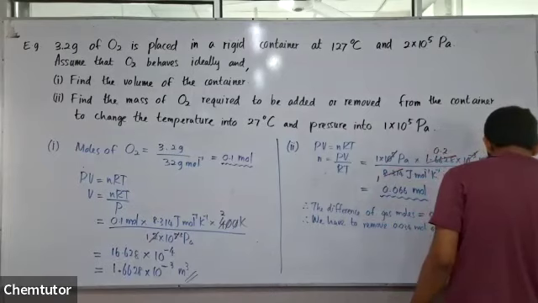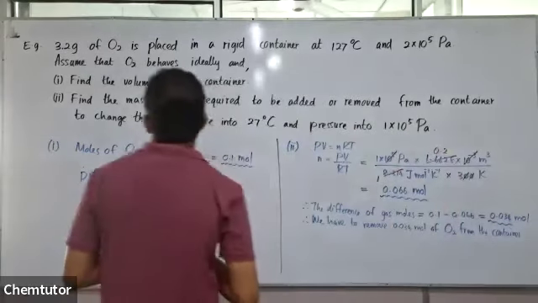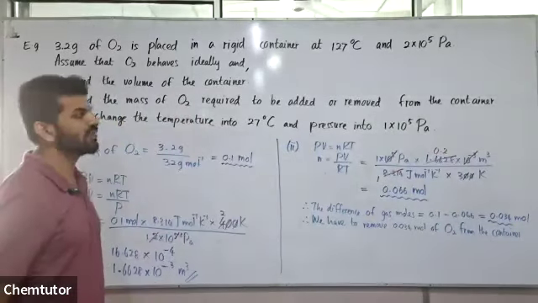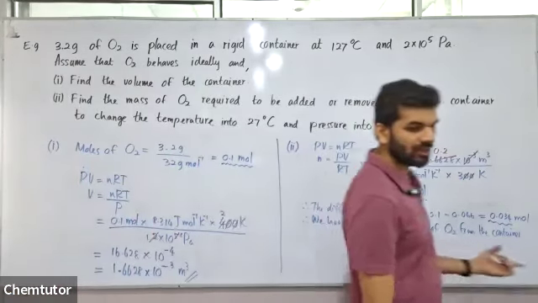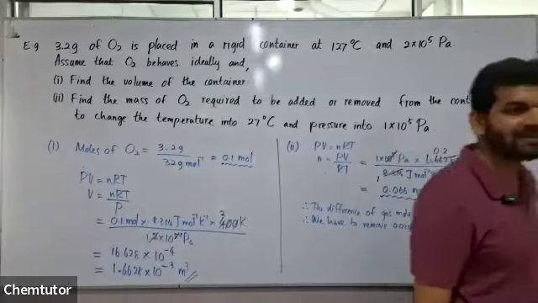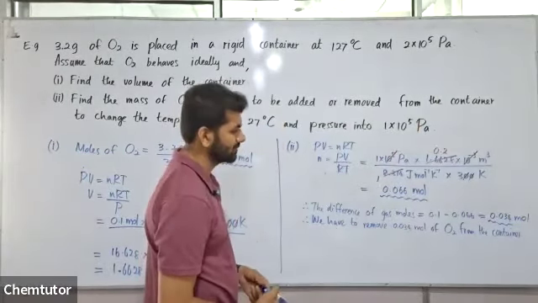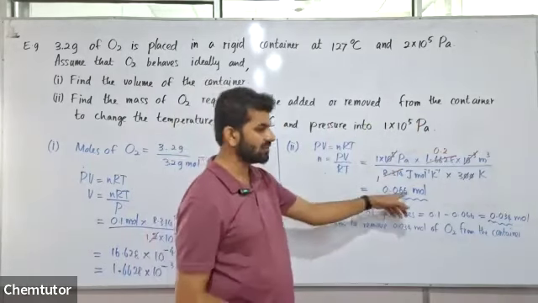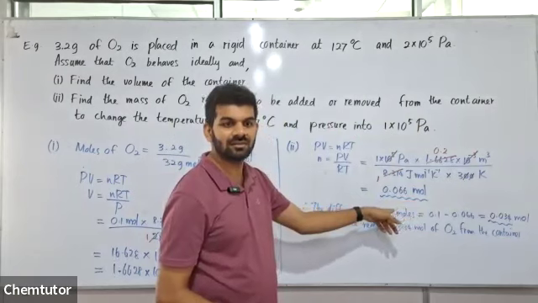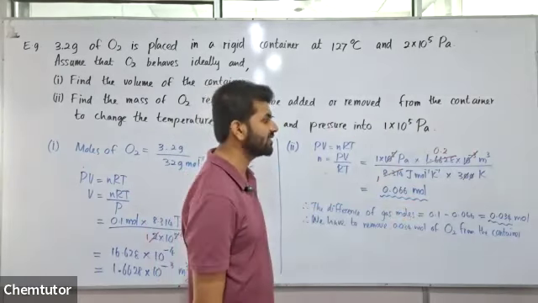But the question asks to find the mass of oxygen required to be added or removed. Now we know that this much moles of oxygen have to be removed, so we have to find the mass. Isn't it 0.066? Yes, 0.2 divided by 3.